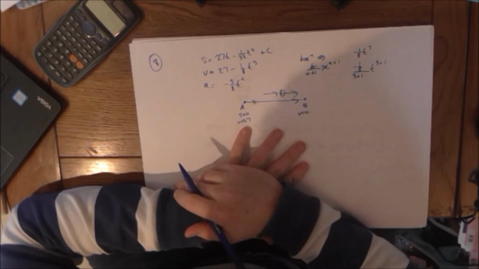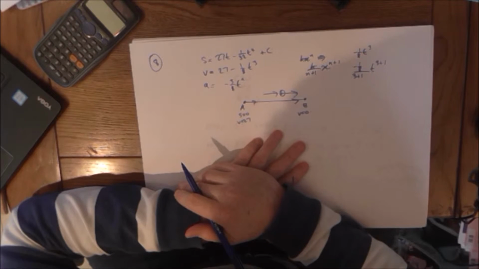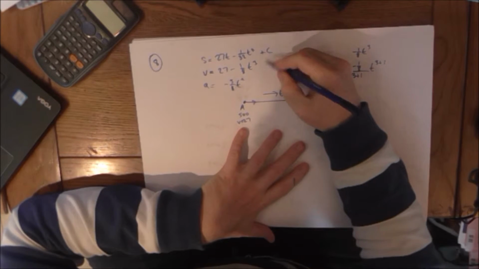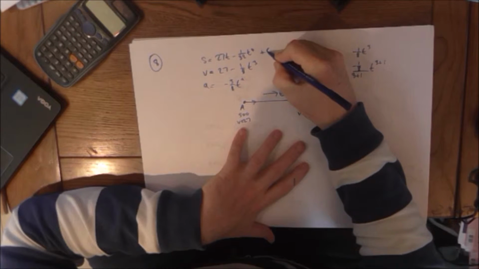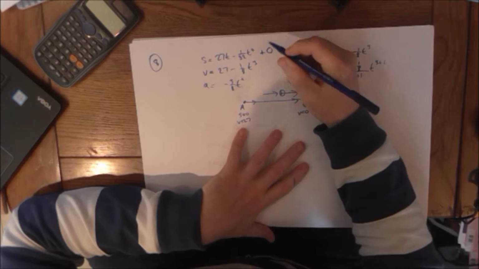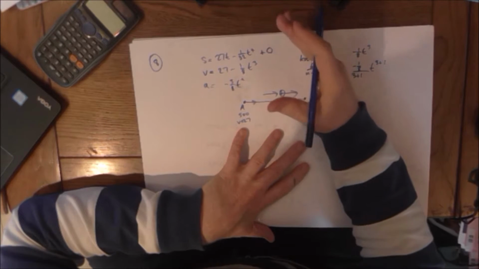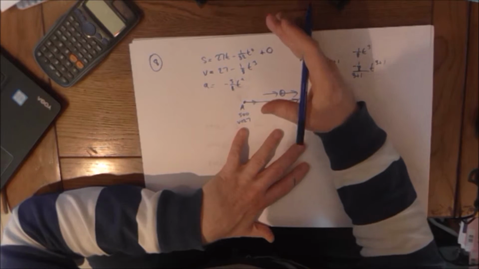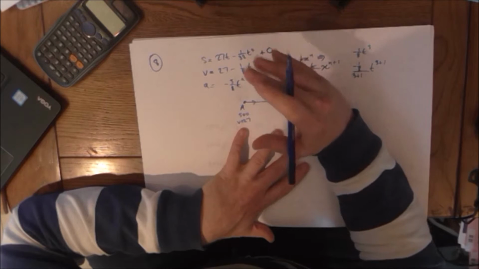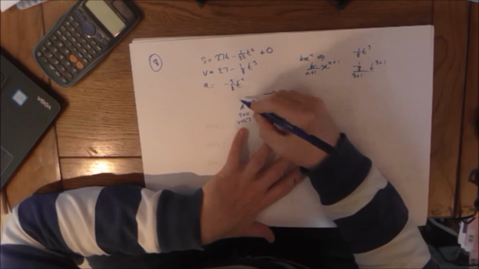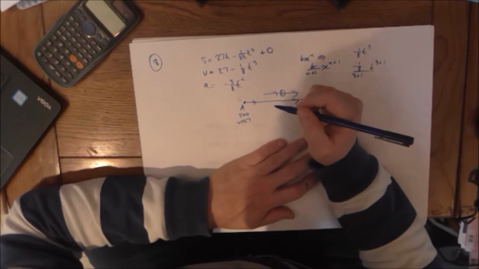I'm just getting my story straight here. C has to be 0 if that's the reference point. Because if t equals 0, then s equals 0. Because we're just setting it up that at the start, in other words t equals 0, it's at the reference point A, so therefore its displacement from the reference point will be 0.